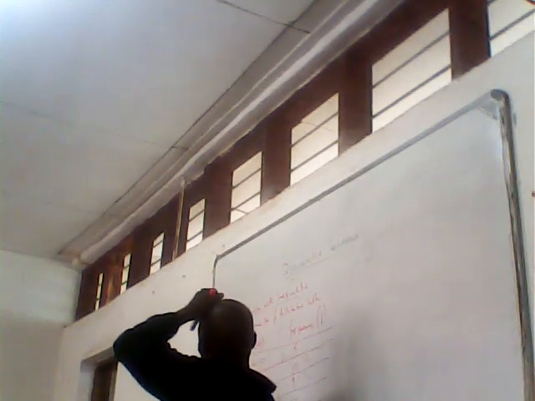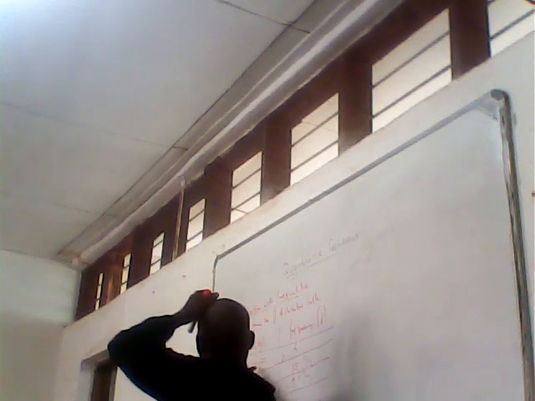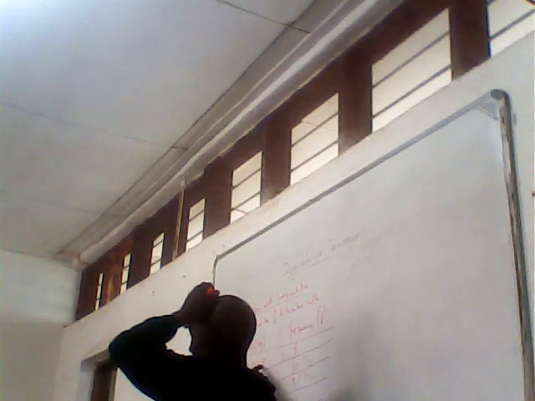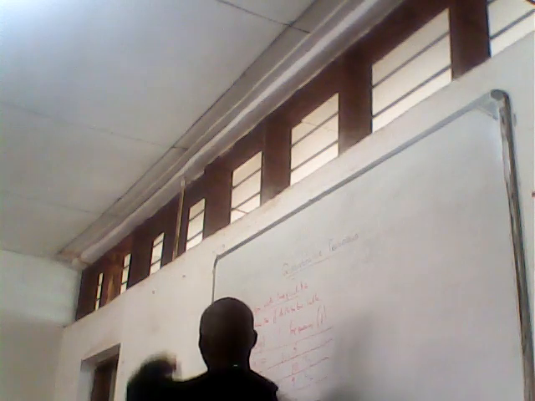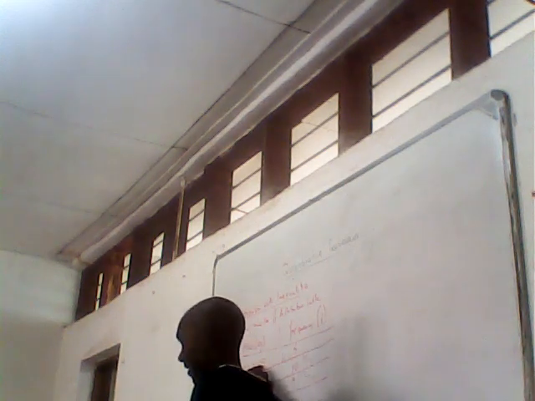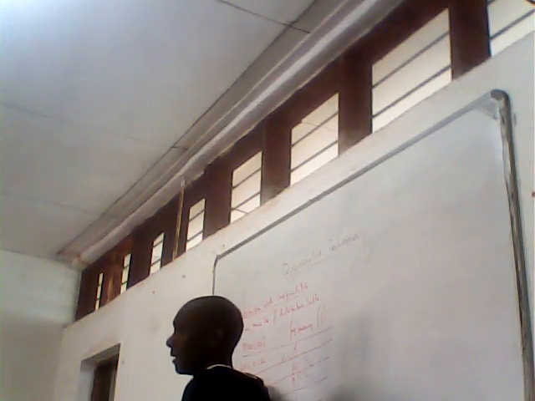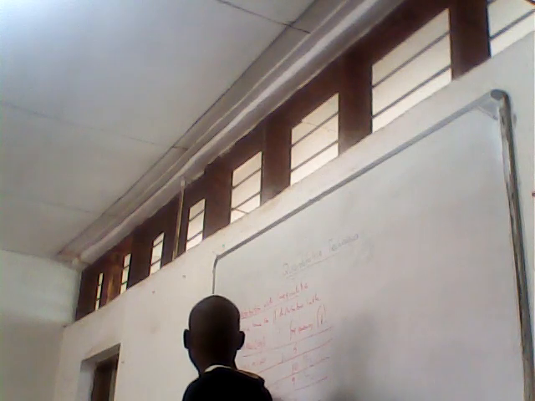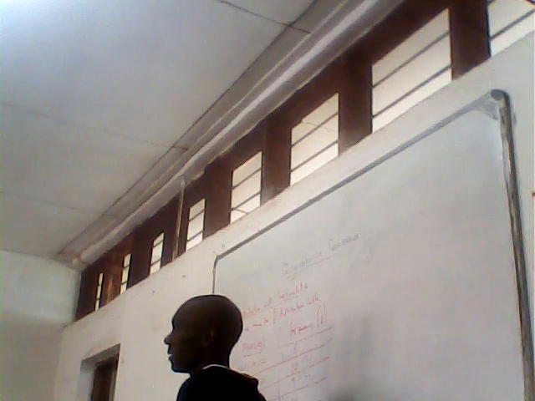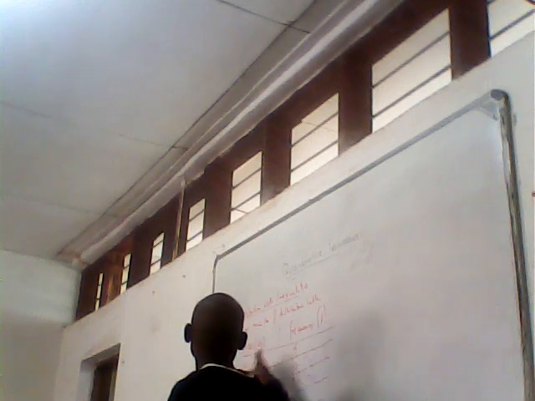It means the numbers here will be 40 to 49, right? Here is going to be 50 to 59. And this means 60 to 64, right?